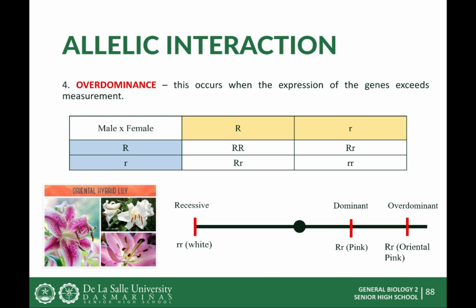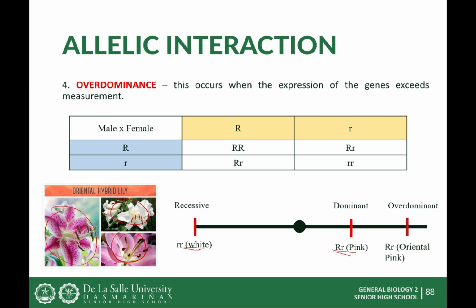Next, let's go to overdominance. This occurs when the expression of the genes exceeds the parental measurement, meaning it is a hybrid of the dominant trait. For example, we have a pink dominant trait, and then we have a white recessive. However, we have a hybrid phenotype which exceeds the normal color of pink.